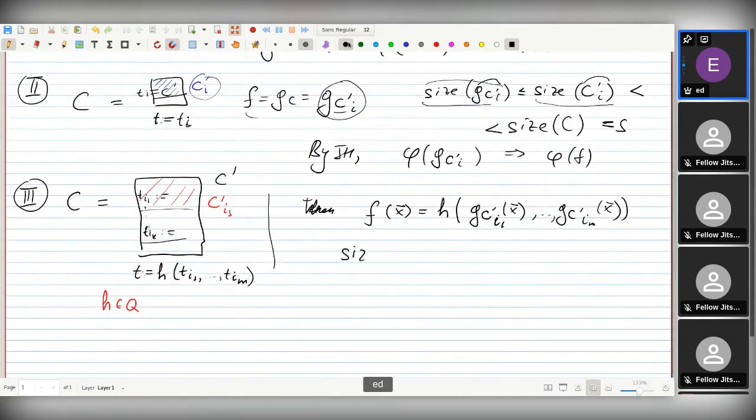What is the size of function g, c prime, some j? Its size is definitely not greater than the size of a circuit which computes this function. But this circuit is strictly less in size than our C.